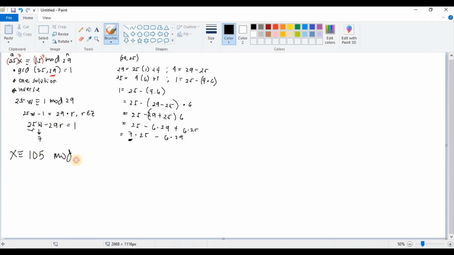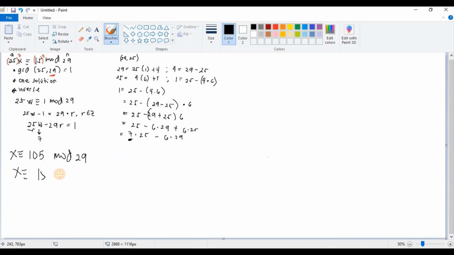105 mod 29. We can further simplify this, because 105 is too large. Using the same process, 105 divided by 29 is about 3.62, so we have 29 times 3, which is 87. 105 minus 87 is 18.